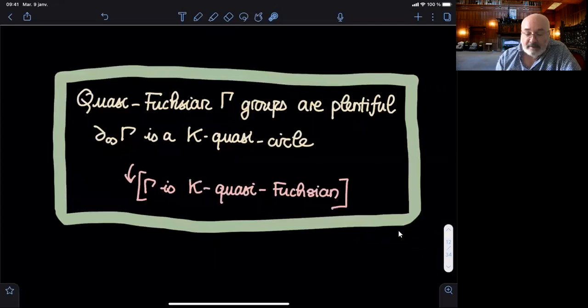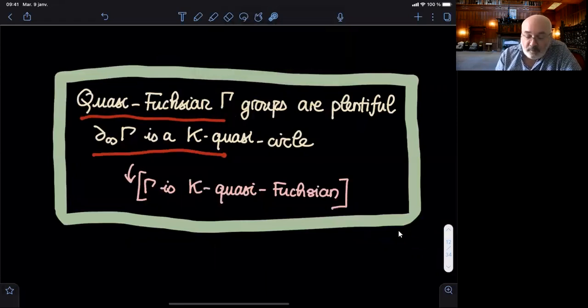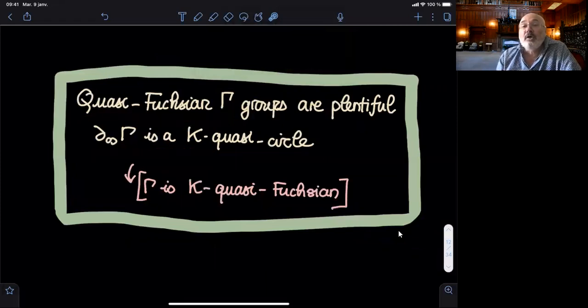And so here's a nice property of the boundary at infinity of a quasi-Fuchsian group. The boundary of a quasi-Fuchsian group is actually a quasi-circle, K quasi-circle for some K. And in that context, you say that gamma is K quasi-Fuchsian.